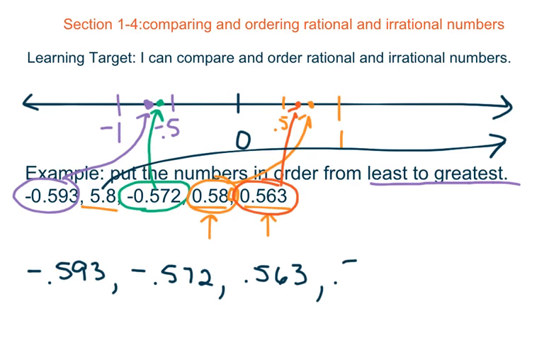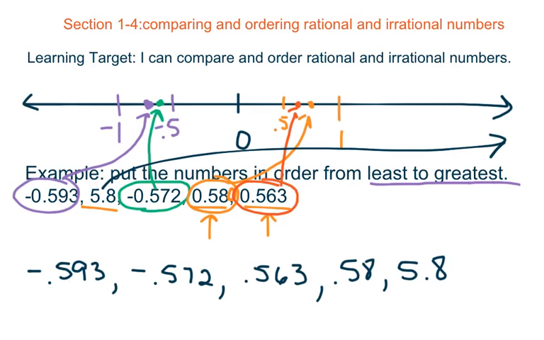Then 0.58. And then 5.8. So when it's all in decimal form, you compare the place values to help you out. But we are going to have problems where some of them are decimals, others are in different forms.